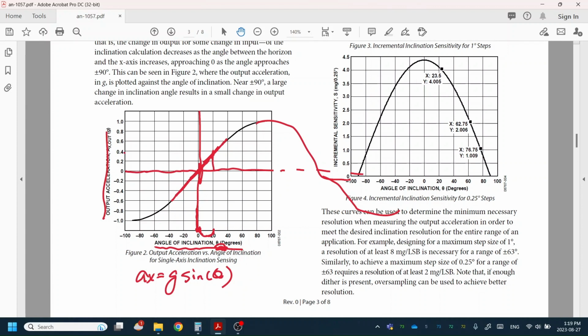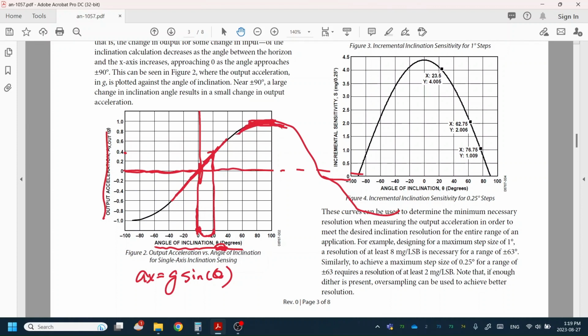If the angle increases from 0 degrees to 20 degrees, the output will increase from here roughly to 0.4. But if the inclination angle approaches this peak, let's say closer to 90 degrees, this response is relatively flat.